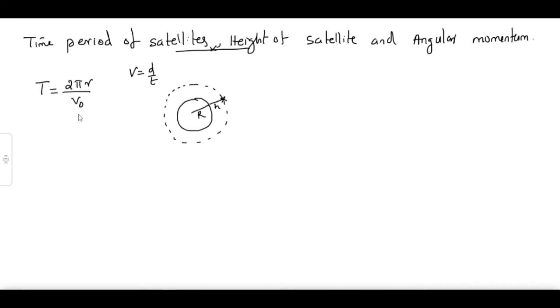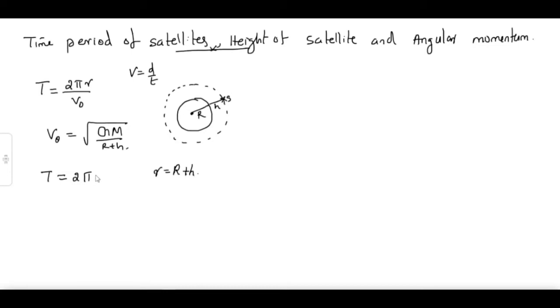Now, as we already learned, the orbital velocity formula: orbital velocity VO is equal to square root of GM divided by r plus h. Substitute the value here in time period. Time period T is equal to 2 pi small r. What is small r there? Small r is equal to capital R plus h.